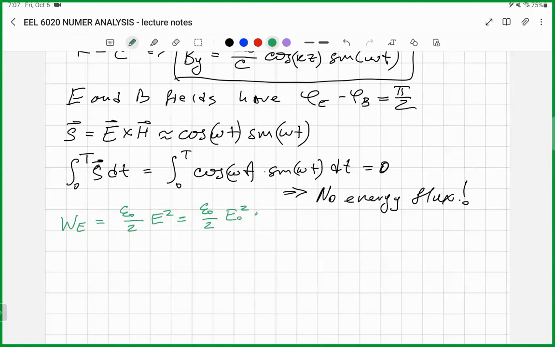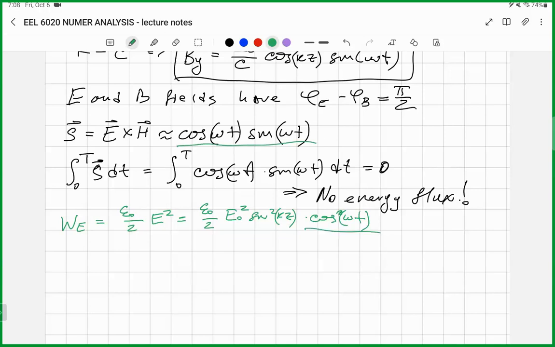sine squared kz times cosine squared omega t. So for the energy, instead of a product of cosine and sine, we have cosine squared.